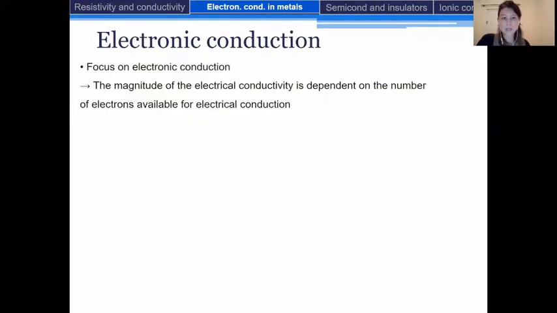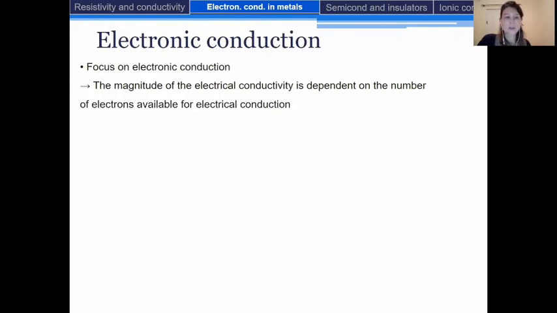In this lesson, we are going to focus on electronic conduction, since the majority of insulators, conductors, and semiconductors have their electrical conduction explained through this mechanism.